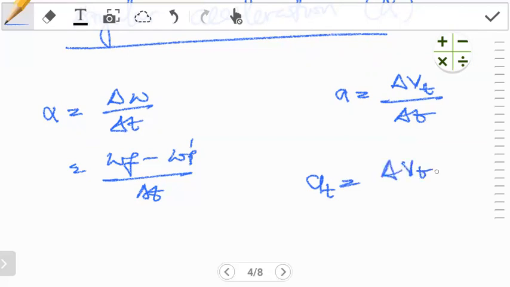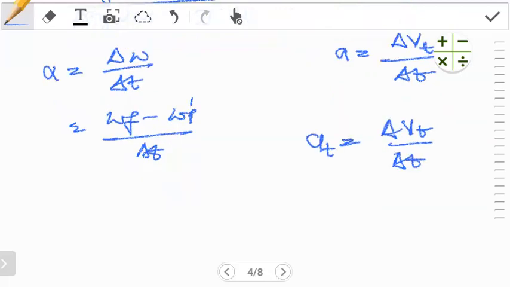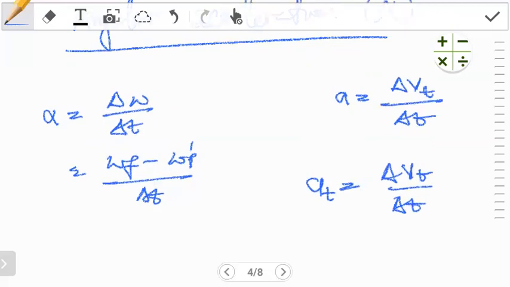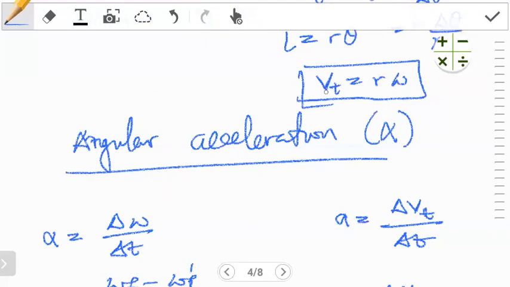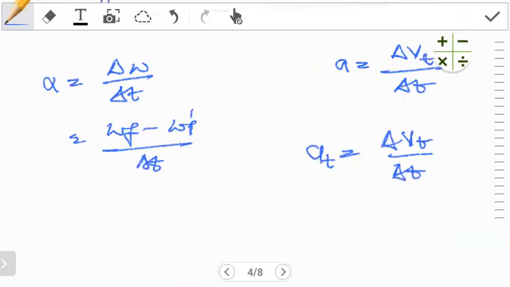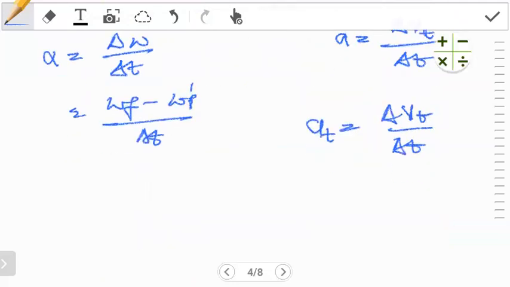Again, we recall that when we were working out the tangential velocity, we concluded that it relates to the angular one with that equation. So we're going to substitute that where we have v_t. This becomes r omega, just substituting v_t and its expression there, over change in t. The radius again is a constant, so I factor it out.